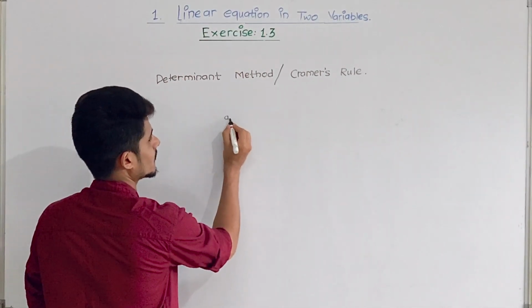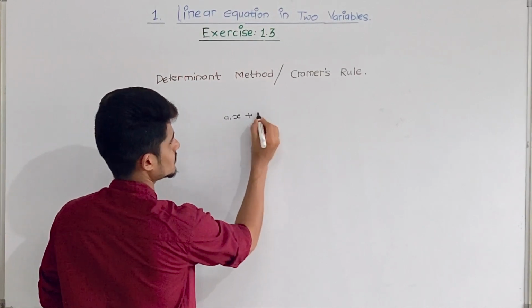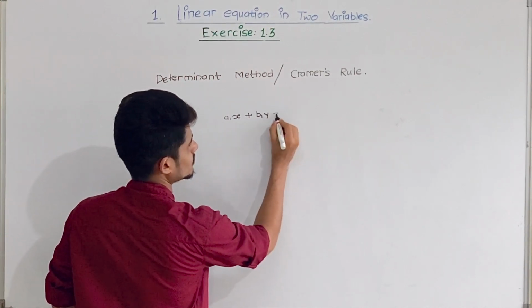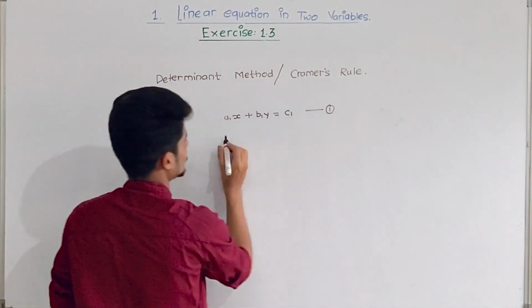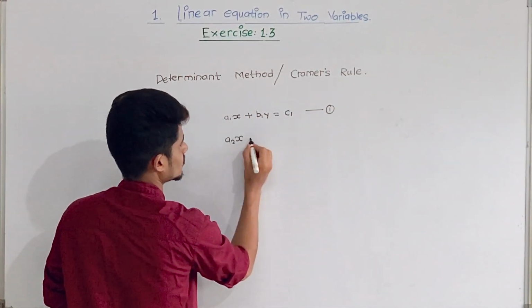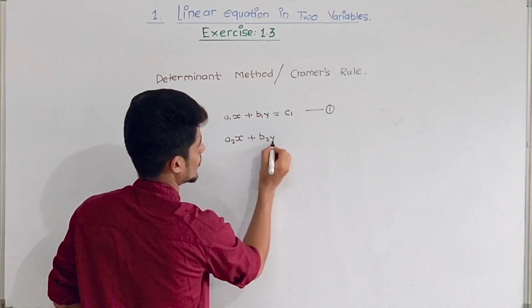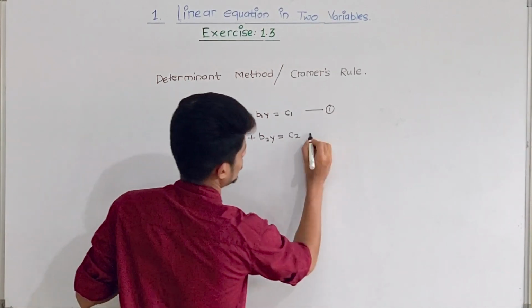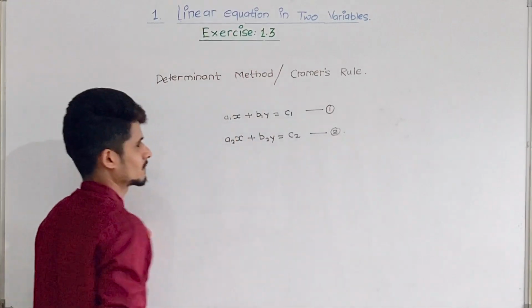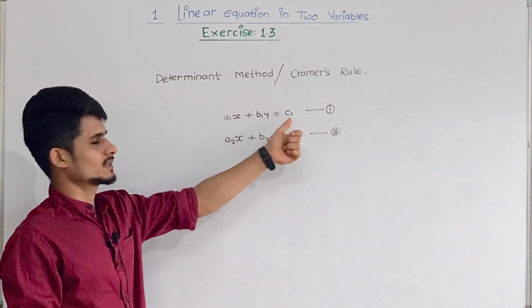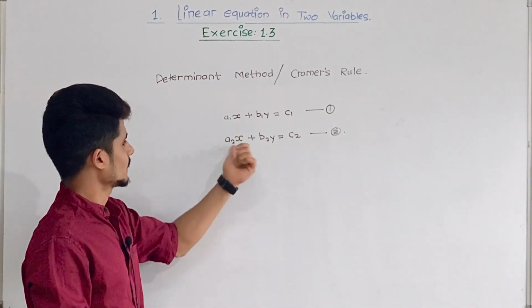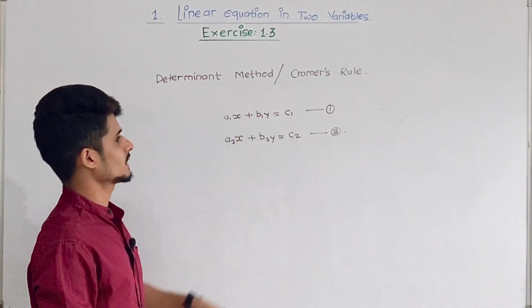That is, a1x plus b1y equals c1 is your first equation. Similarly, a2x plus b2y equals c2 is your second equation. Here a1, b1, c1 and a2, b2, c2 can be any numbers.